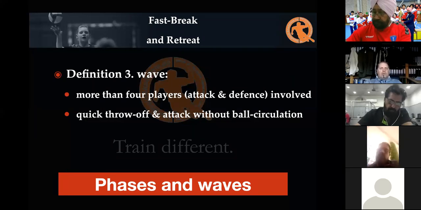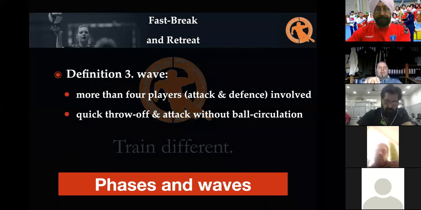This is something very special when the attackers try to go for the third wave, but the retreat movement of the defense is very good and the defense is in position, but the attackers continue the ball circulation and pressurize the defense without stopping.